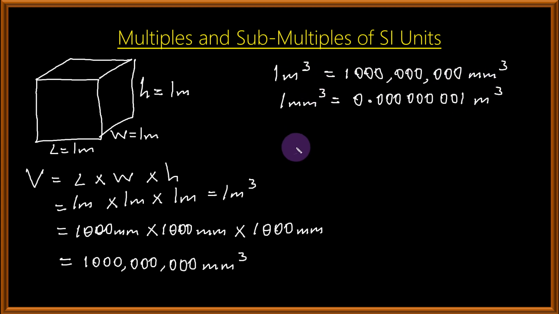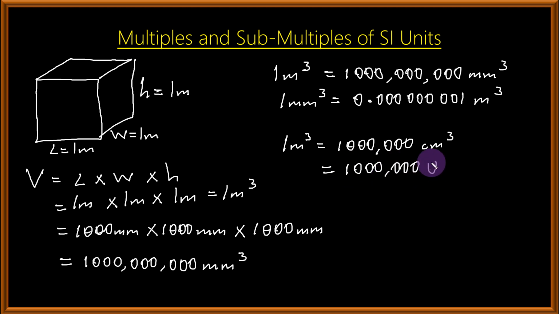So we've been able to show that 1 meter cubed is the same as 1 million centimeters cubed, and the same 1 meter cubed is equal to 1 billion millimeters cubed.